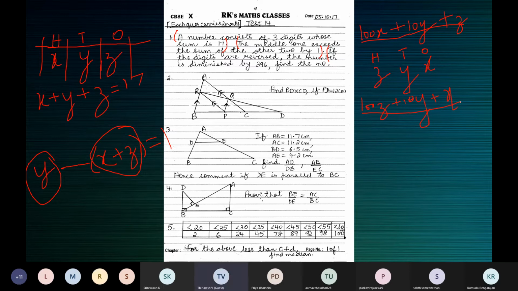Ma'am, the number is 692. Yes, Tirunesh, 692 is the correct answer.